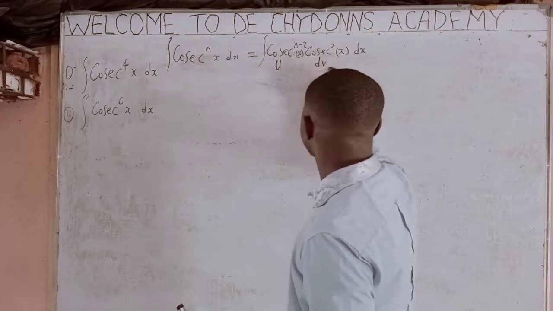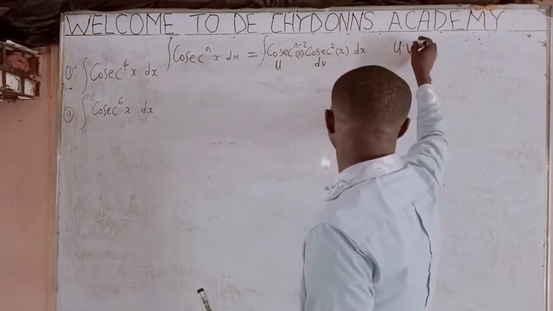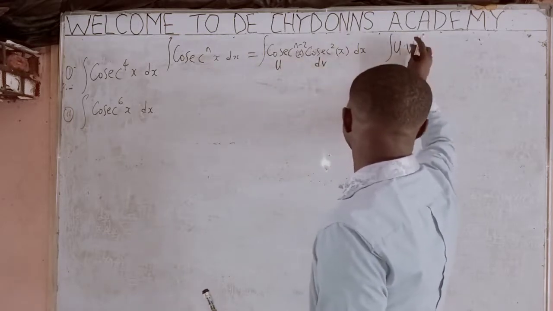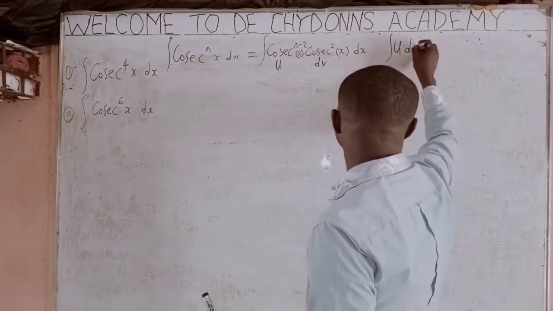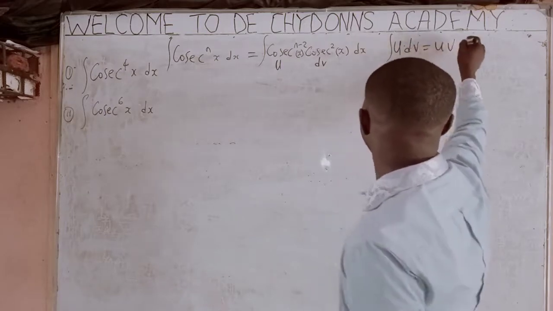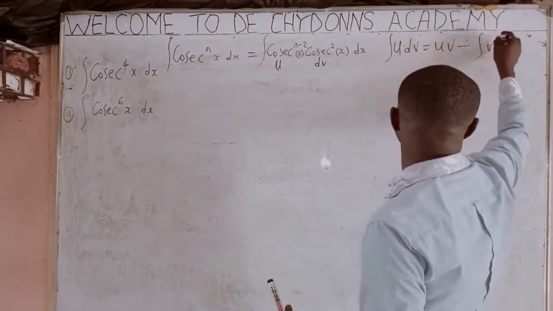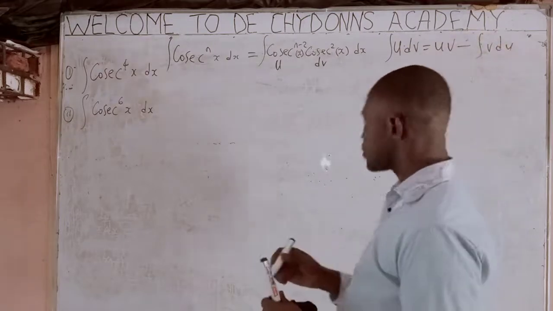is our dv. And product rule says that integration of u dv equals uv minus integration of v du.